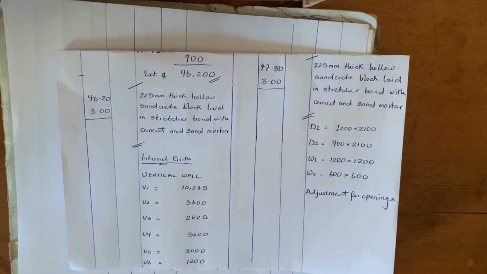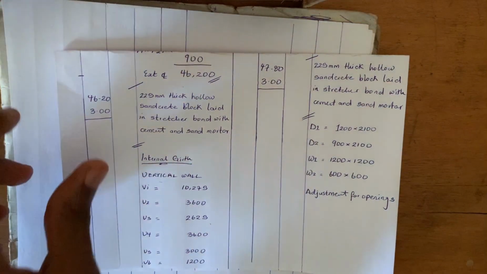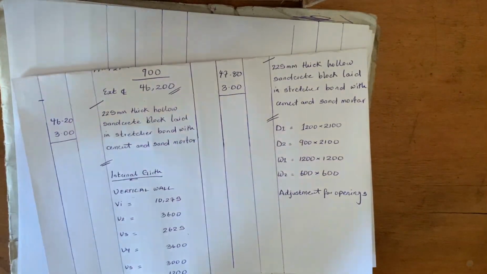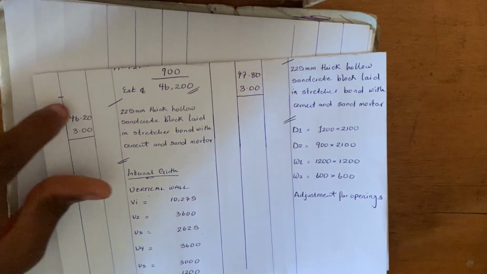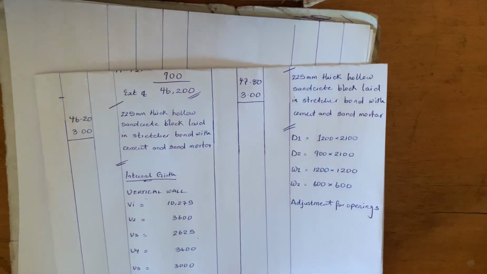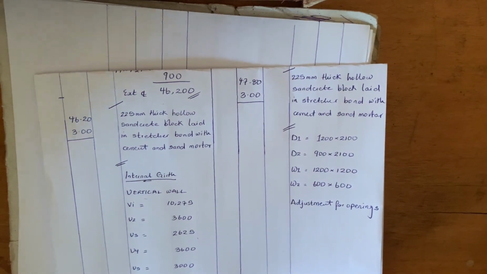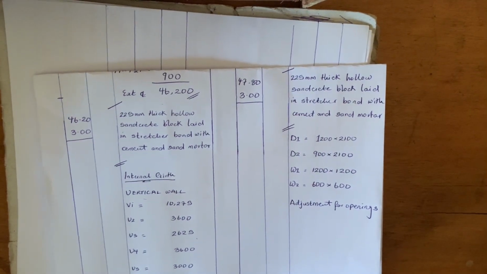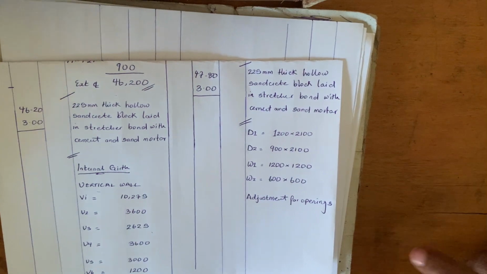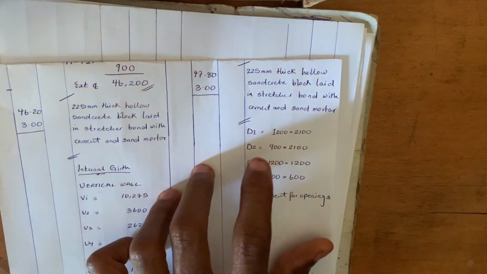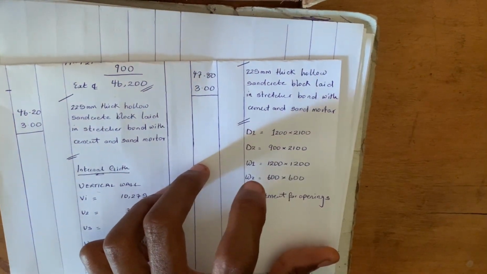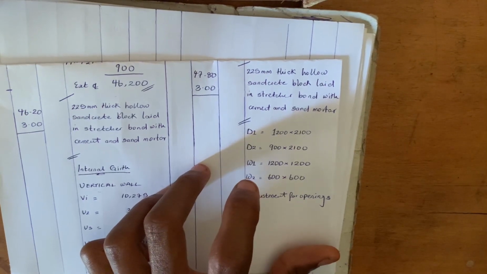So what we're going to be doing now is adjusting the block work we've calculated in such a way that we will be deducting some spaces in the block work that will fit our doors and our windows. These are the measurements of the doors and windows we have in our plan.